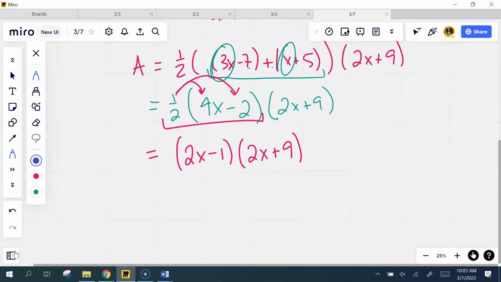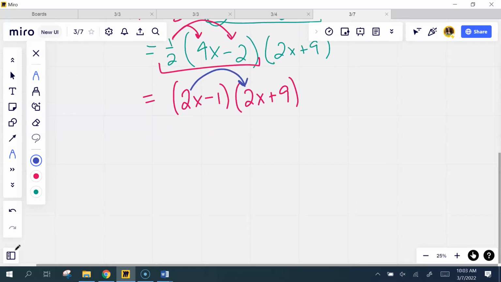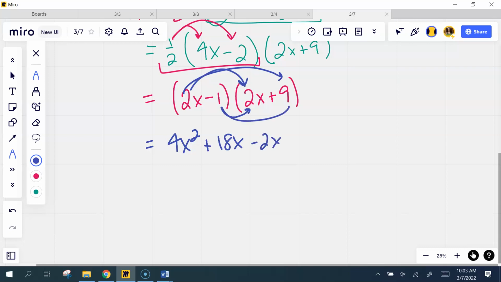Now I am going to, well, not really FOIL, but distribute. Same thing. 2x times 2x is what? 2x times 9. Negative 1 times 2x. That's right. And negative 1 times 9.